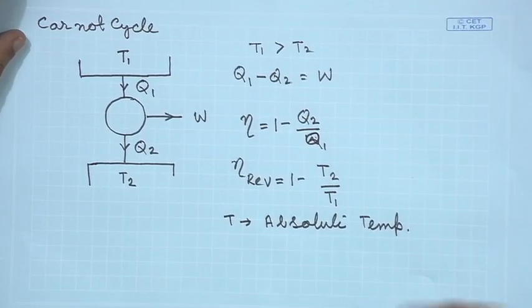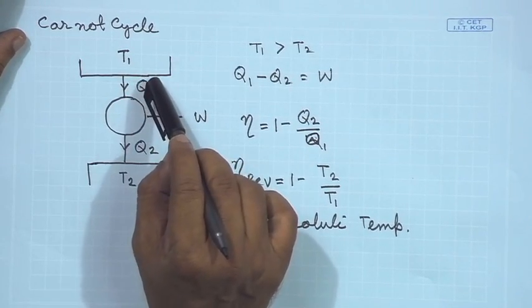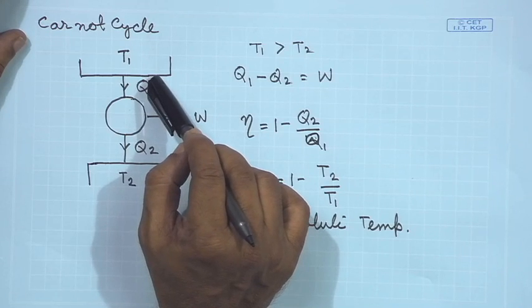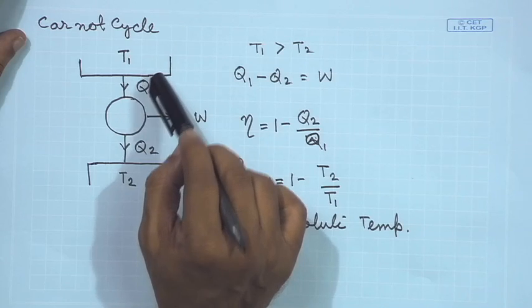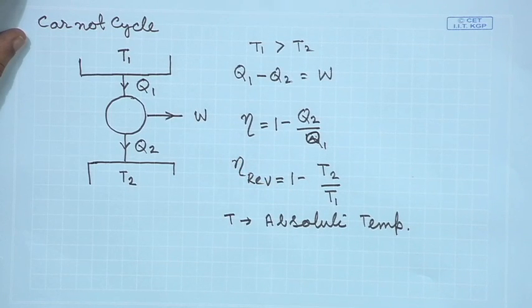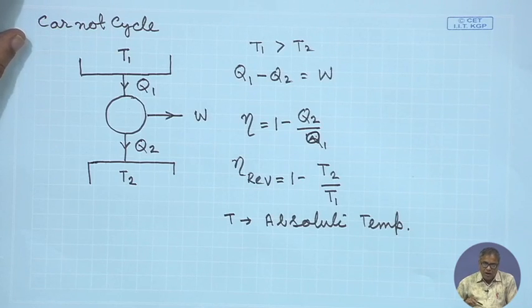And then if we go back to our previous diagram, the first process is that we have to take certain amount of heat from a thermal reservoir which is at a high temperature. And then we have learned that heat transfer across a finite temperature difference is irreversible.